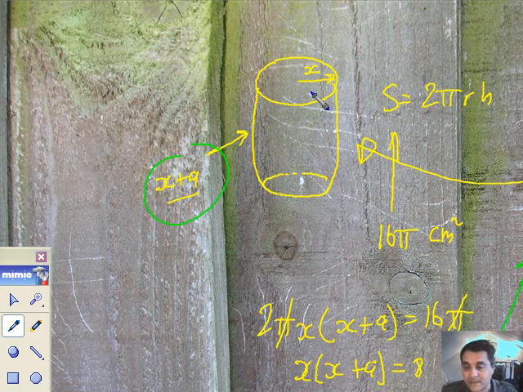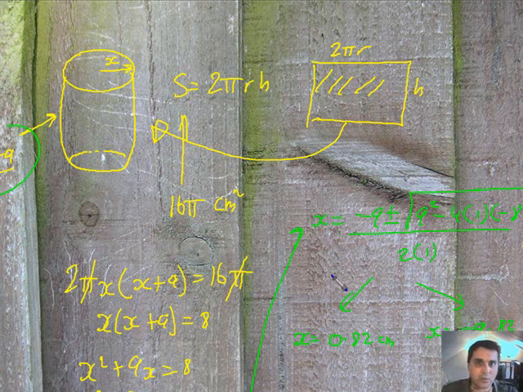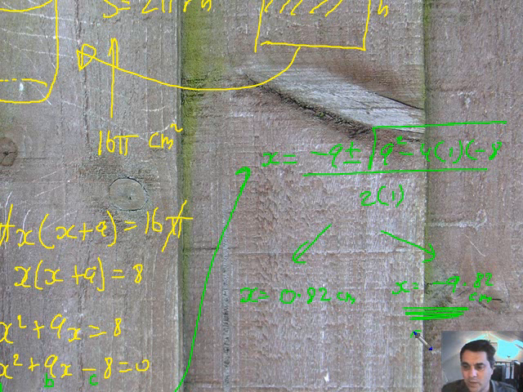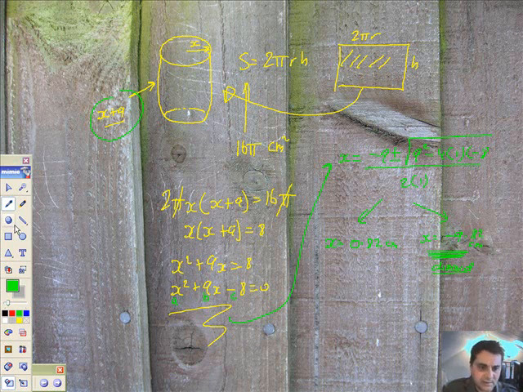We need a positive length, obviously. So this is the downside of quadratic equations that spit out two answers. One of them is going to be nonsense. So this negative length we're going to discard or ignore. Discard it because it is negative. So this one we're going to use.